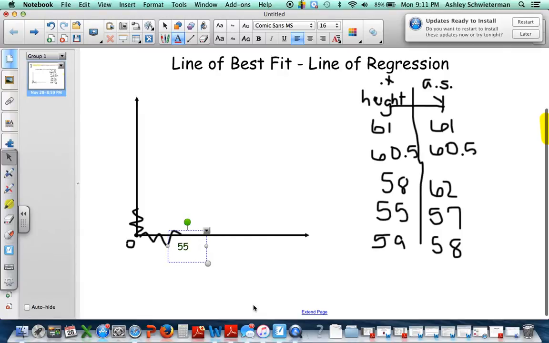And then we're going to go up by ones. 56, 57, 58, 59, 60, 61, and that's great. And then, actually, 62, and I'm just going to copy and paste this.